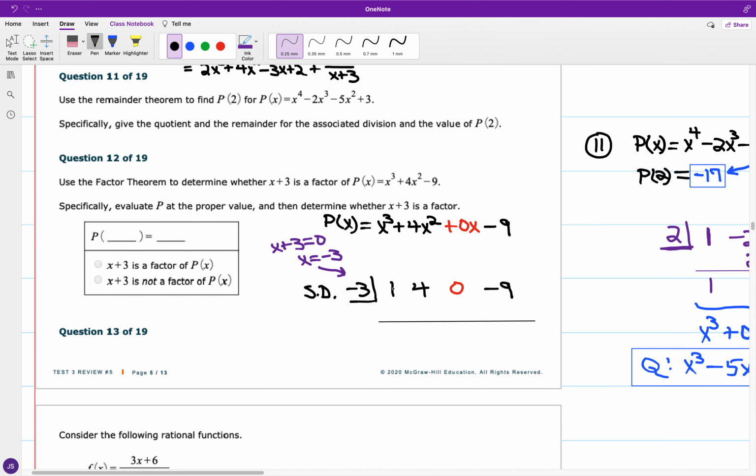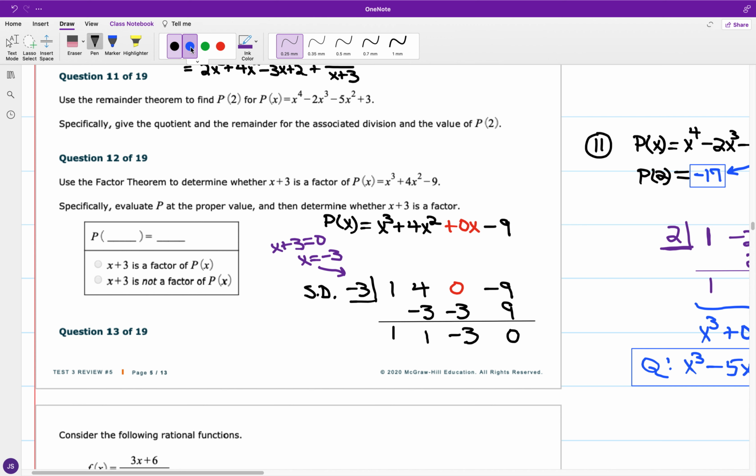And with the synthetic division setup, the leading coefficient from the dividend is brought down. Then we have negative 3 times 1 is negative 3. 4 plus negative 3 is positive 1. Negative 3 times 1 is negative 3. 0 plus negative 3 is minus 3. Negative 3 times negative 3 is a positive 9. And negative 9 plus 9 is 0.